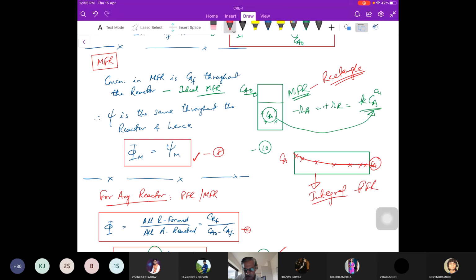If I want to find the relevant area, in one case I have to take the area under the curve, and in the second case I have to take the area of the rectangle only. The definition of plug flow and mixed flow doesn't change. The underlying principle doesn't change. Here there is no integral. You should remember this difference.